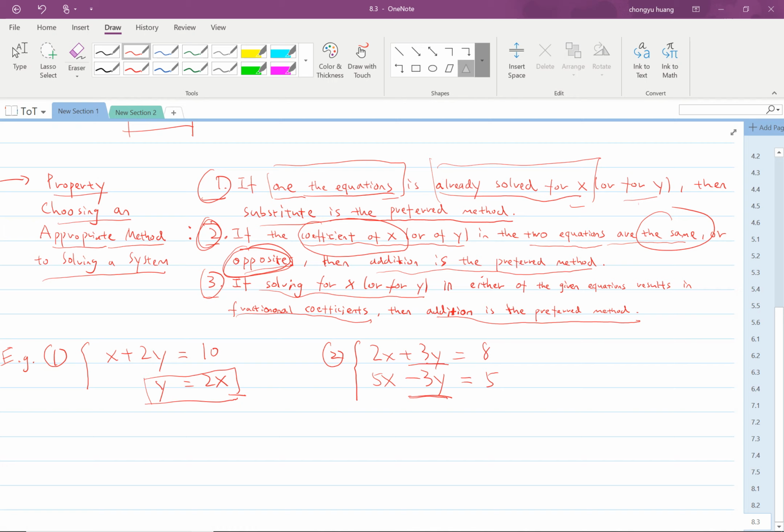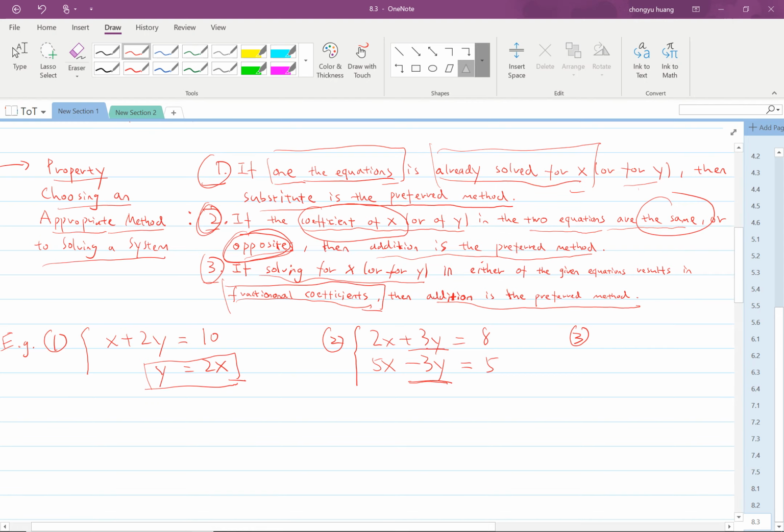Okay, so let's talk about number 3. Statement 3 is talking about the given equation resulting in a fractional coefficient. So all that means the equations look something like this.